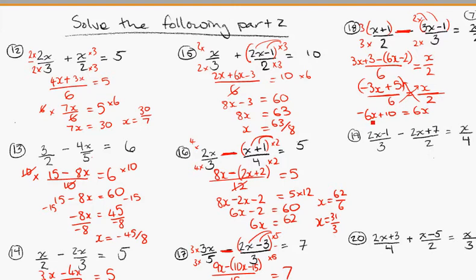Not looking nice, but if we just follow the rules, let's try adding 6x to both sides. Running out of room, but I'll end up with 10 equals 12x. Now if we divide both sides by 12, we'll get x equals 5 over 6.